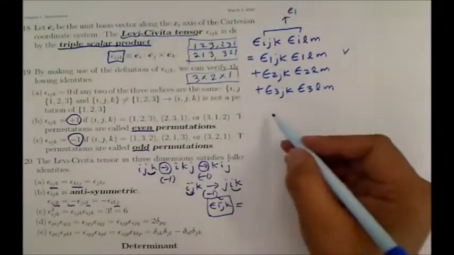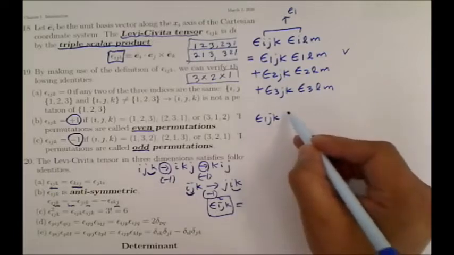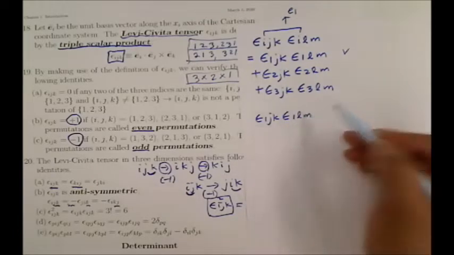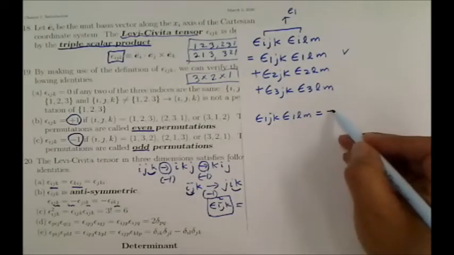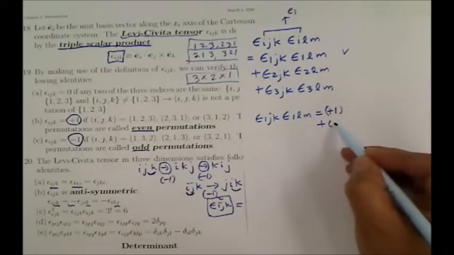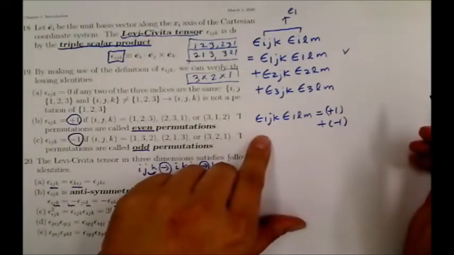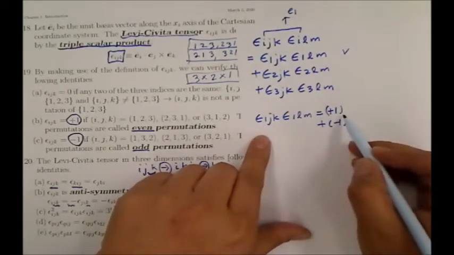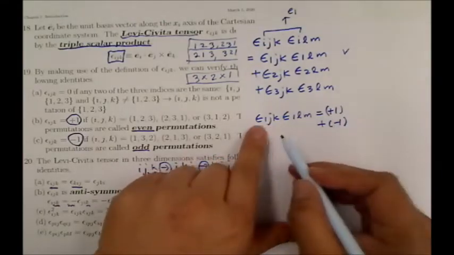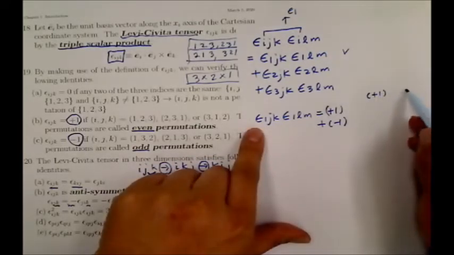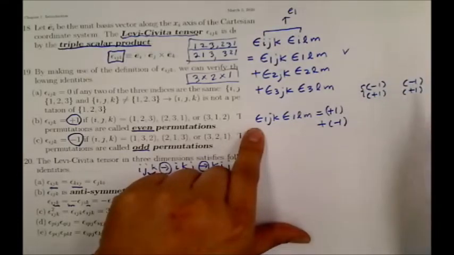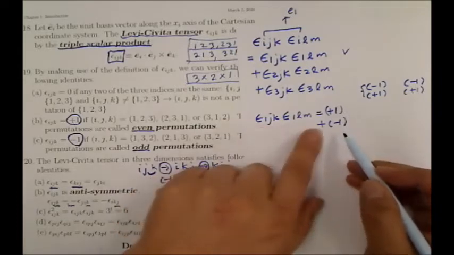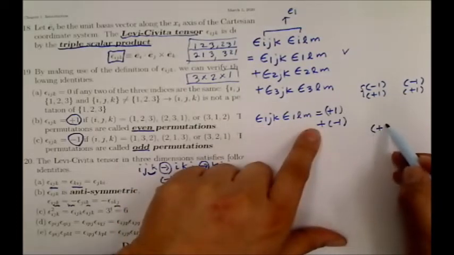First, epsilon 1jk epsilon 1lm equals either plus 1 or minus 1. If it is plus 1, then these two factors are plus 1 and plus 1, or minus 1 and minus 1. If it is minus 1, these two factors are plus 1 and minus 1, or minus 1 and plus 1.